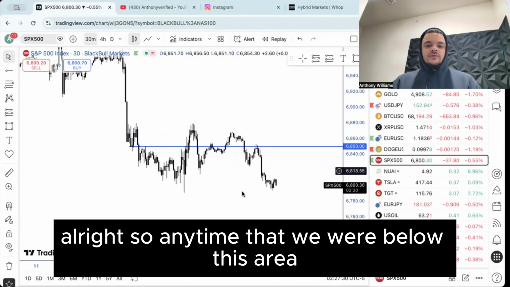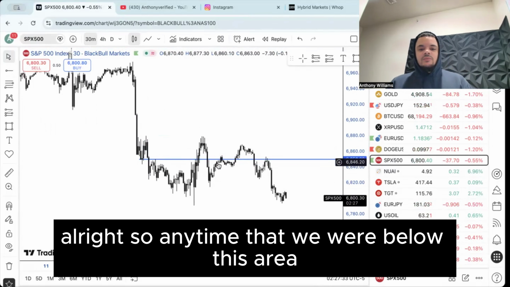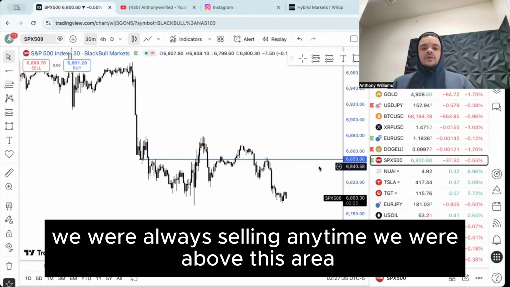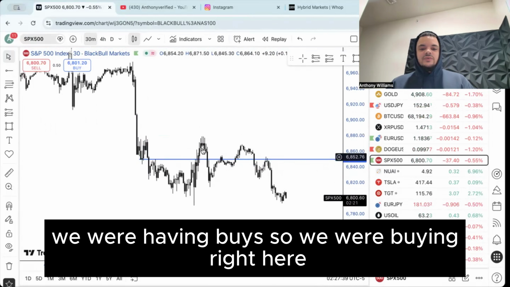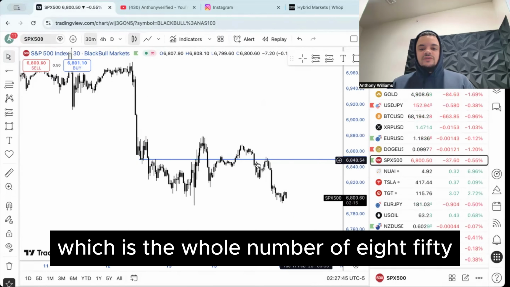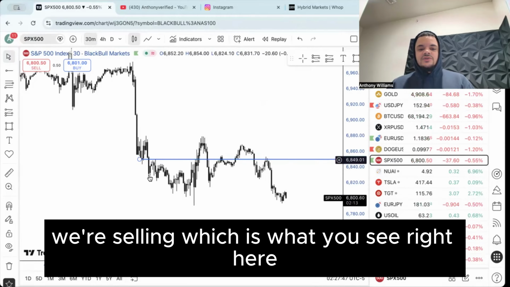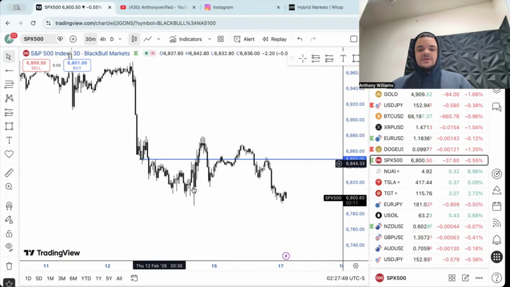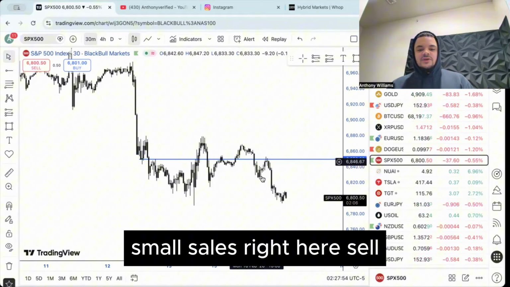All right, so anytime that we were below this area, we were always selling. Anytime we were above this area, we were having buys. So we were buying right here, buying right here. But when we're under this line, which is the whole number of 850, we're selling, which is what you see right here. Sell, sell, small sales, sell.